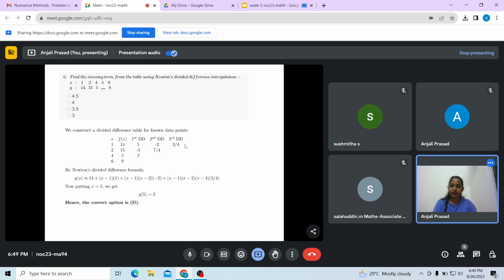Okay, now as you have got the values in the first, second and third divided difference columns, now substitute those values in the Newton's divided difference formula. So what does it state?